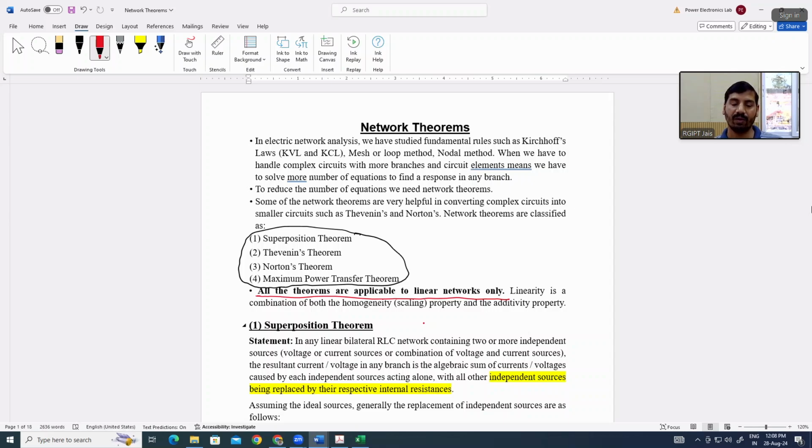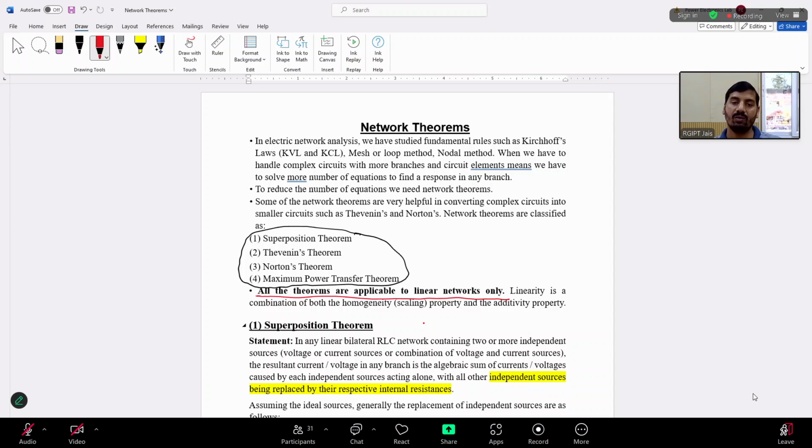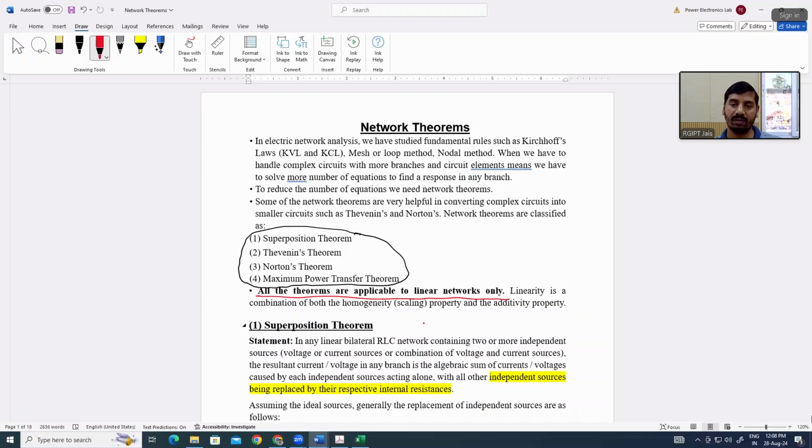For passive elements, RLC, you know that there is a linear relationship between voltage and current. So the networks which contain passive elements, or linear elements only, and don't contain nonlinear elements, are called linear networks or linear circuits.